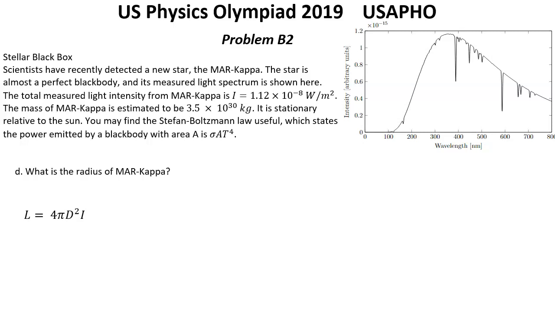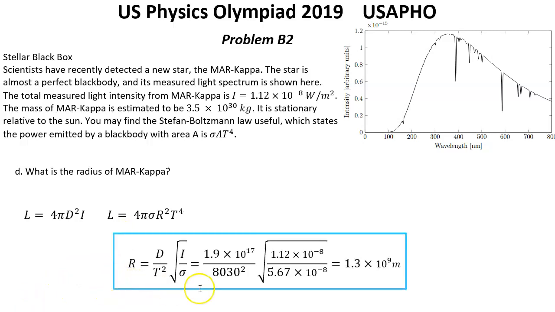But on the other hand, this total power equals the surface area of the star, which is 4πr², multiplied by σ and multiplied by T^4. Equating these two expressions, we have that the radius equals this expression, which is 1.3 × 10^9 meters. That was the solution for question D.